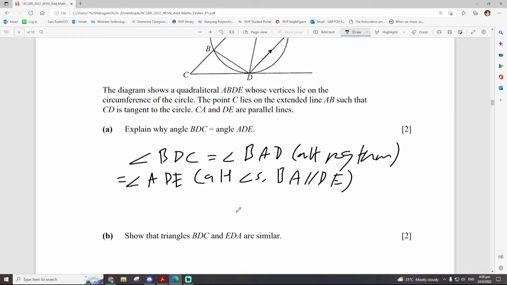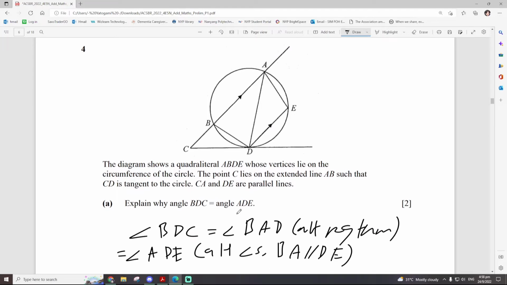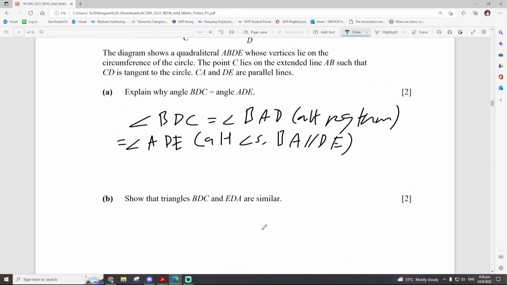Show that triangles BDC and EDA are similar. BDC and EDA. So we showed that one angle is given, so we need to find another angle. So we can use this angle, and yeah, okay, I think I have it. What I'm going to do is, we know that angle BDC equals angle EDA from part A rather.